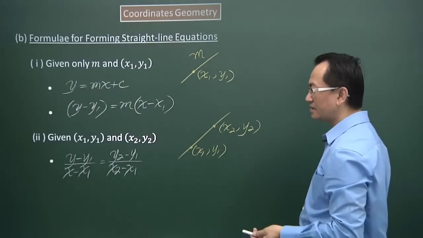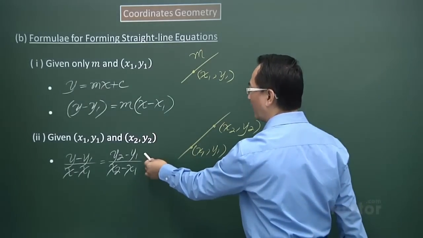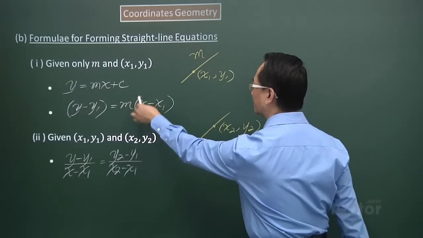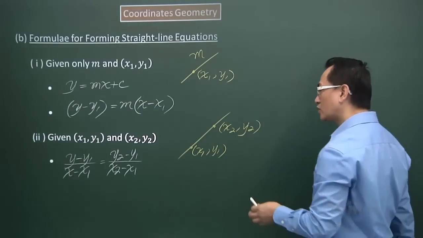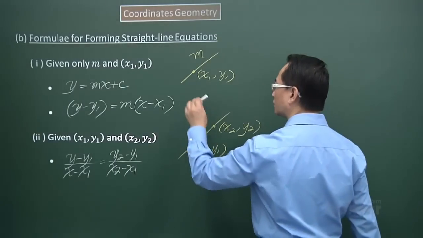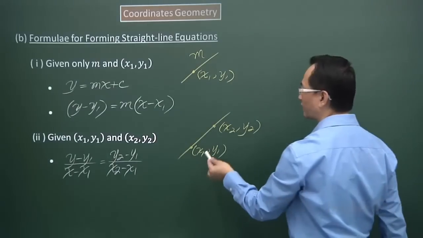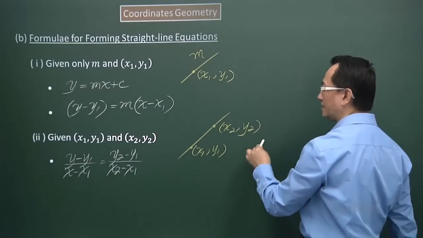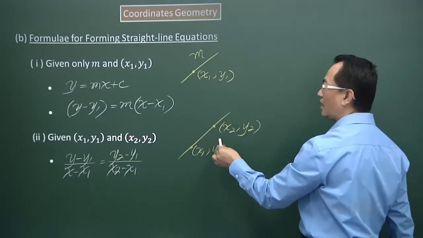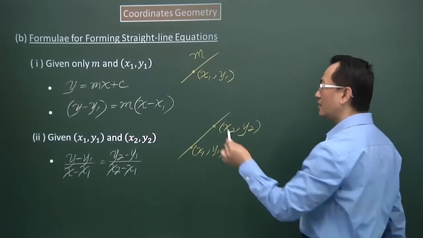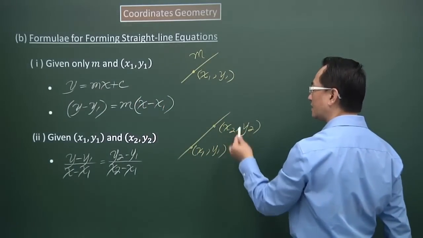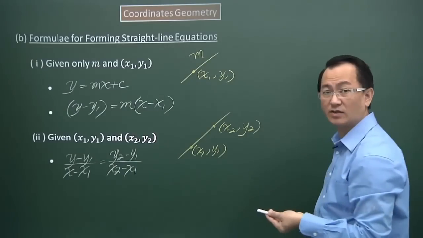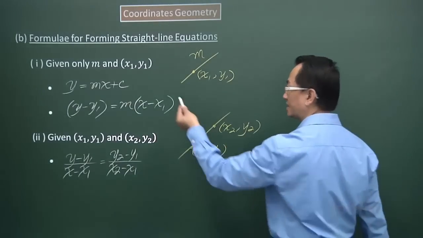This has an advantage over the other two formulae. If I chose to use the others, first of all, I have to work out the gradient from these 2 points. Then, with the gradient in, I use any of these points, the information of the x and y coordinates, to work out the c.